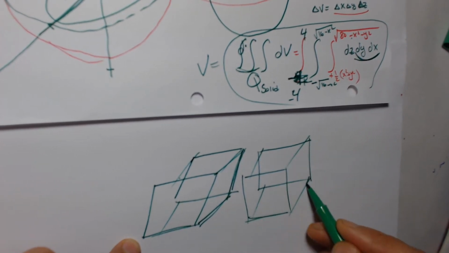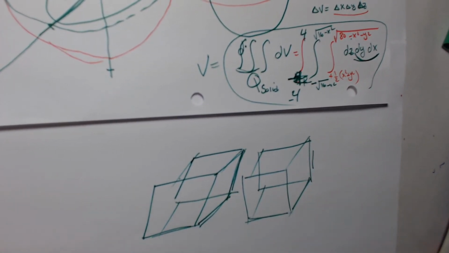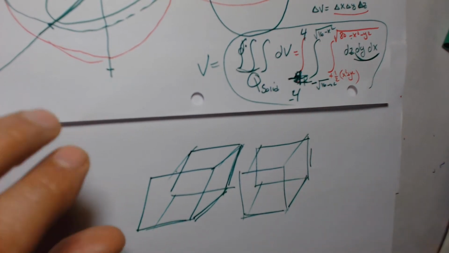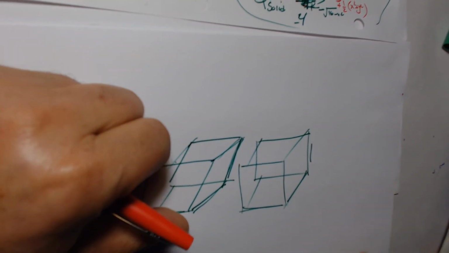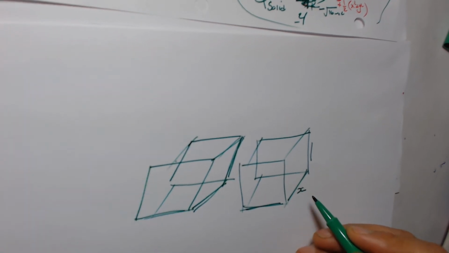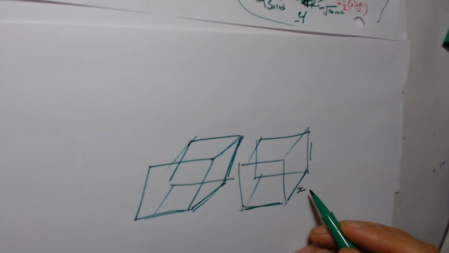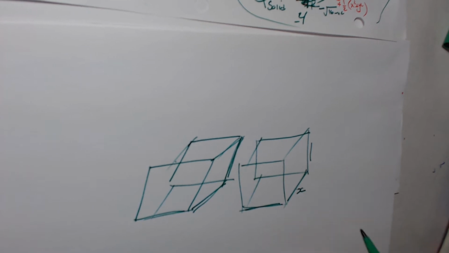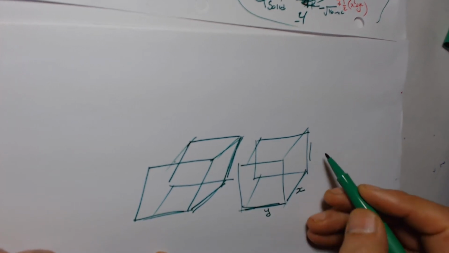The length and the width and the height, all three of them are straight lines. Therefore, here your x is straight, here your y is straight, and your z is straight.